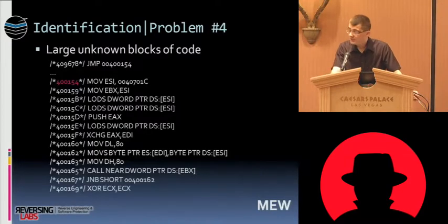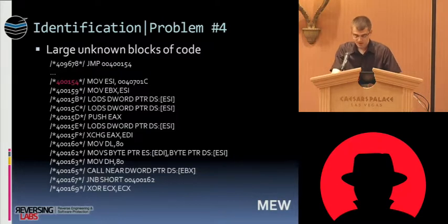Now another problem we saw is this example, MEW packer, and it has a jump at the entry point which leads to a specific location inside the portable executable header, and at the static address in the header you have the code which is an entire stub for that particular packer.